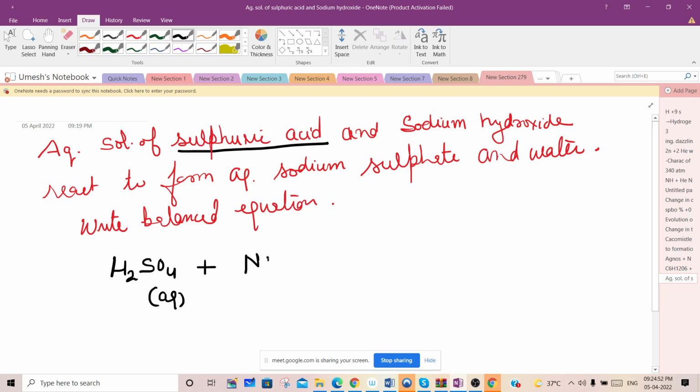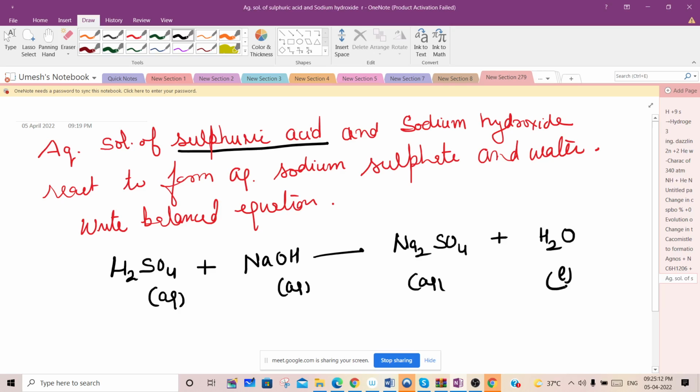NaOH. It is also aqueous. To form what? Sodium sulfate. What is the formula for sodium sulfate? Na2SO4. All of you know this, yes or no? And water, right? It is liquid. Now you can balance it.